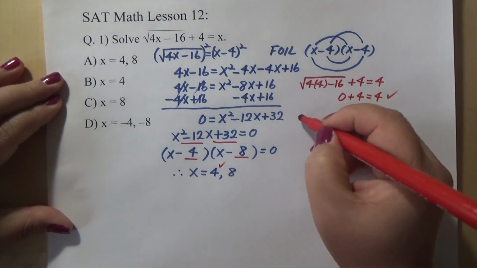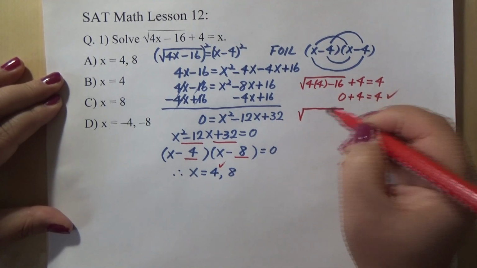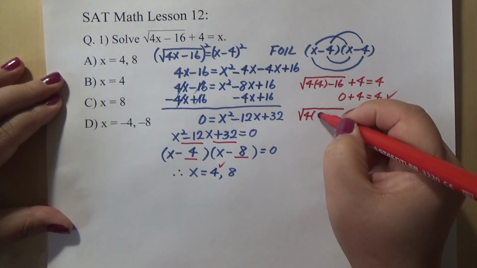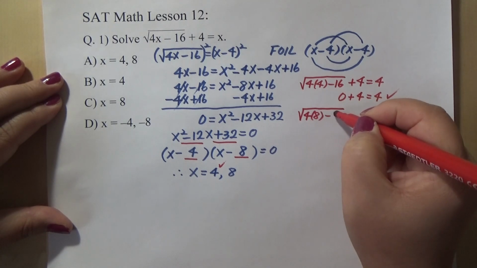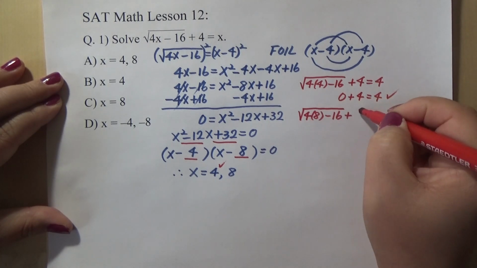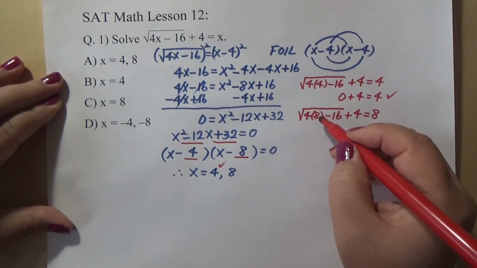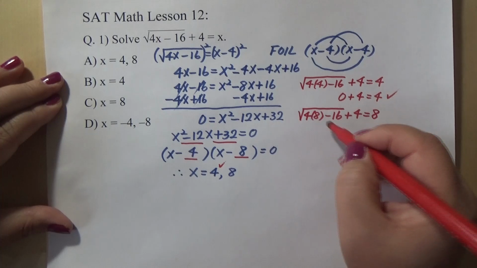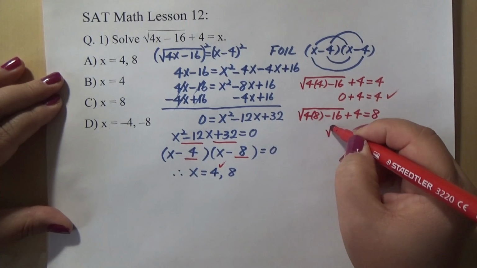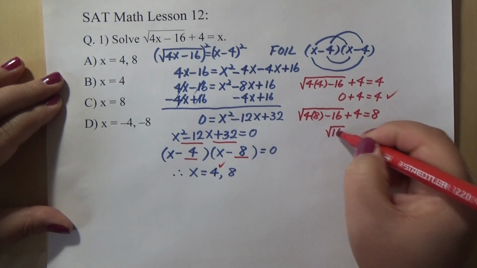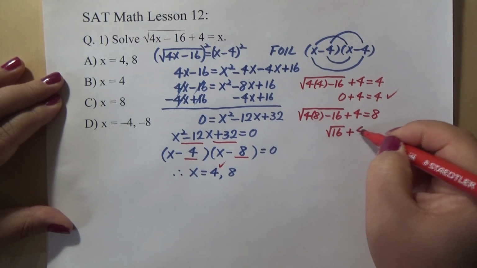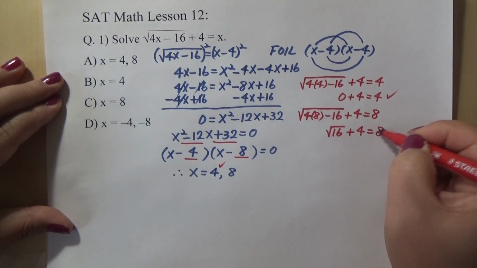How about 8? So let's see. So square root of 4 times 8 minus 16 plus 4 is equal to 8. So 4 times 8 is 32. 32 minus 16 is 16. So square root of 16 plus 4 is equal to 8.